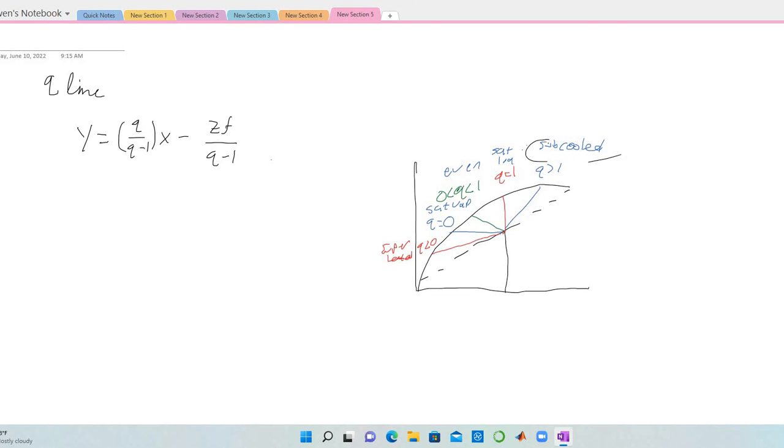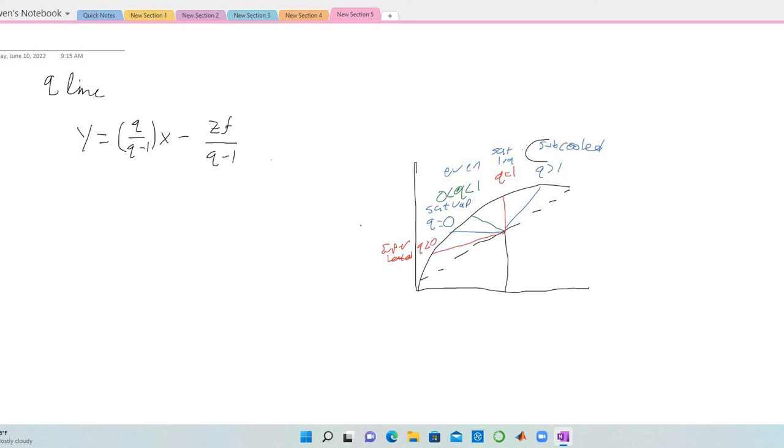If it's subcooled liquid, not only is it going to increase the liquid flow rate down in the stripping section, but it's also going to condense some of the vapor coming back up, and it's going to even more drastically increase our liquid flow rate down. So the line is shifted at an angle greater than 180 degrees, coming straight up from the x line. That's because our stripping section line is going to be much longer, because we're going to be spending more time in the stripping section.